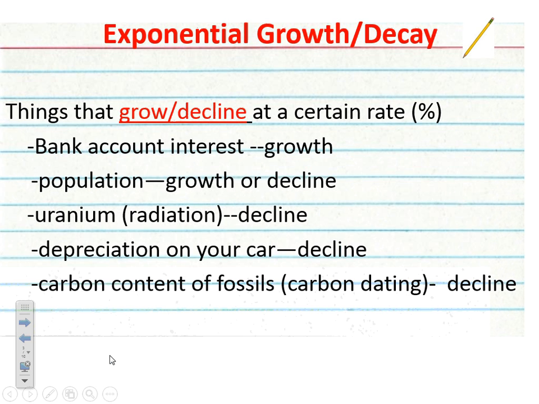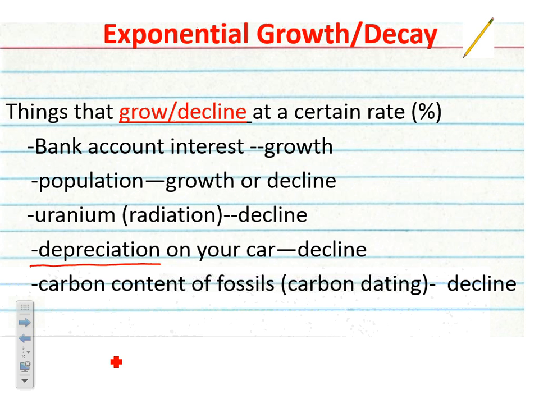Exponential growth and decay: things that grow or decay at an accelerated rate, or at a certain rate. So bank account interest is growing. Population can be growth or decline depending on where it's at. Radiation. Depreciation on your car.